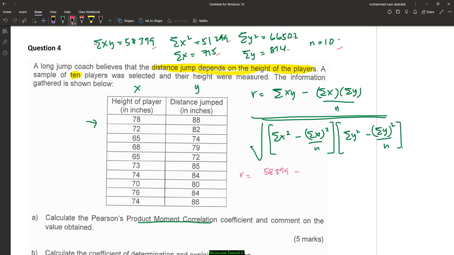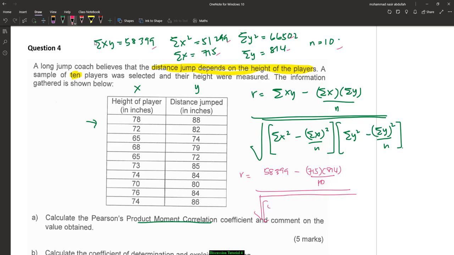58399 minus 715 multiply with 814 divided by 10. Then everything divide by, make sure value dalam formula and each value is correct.